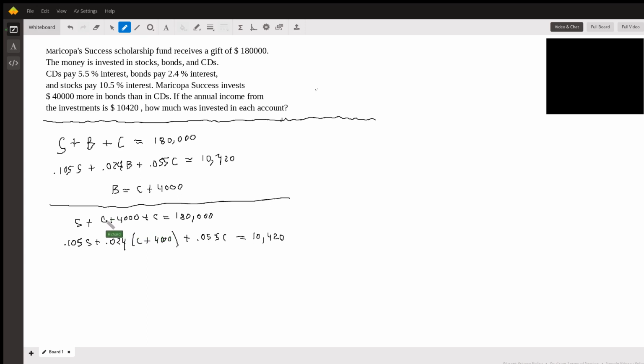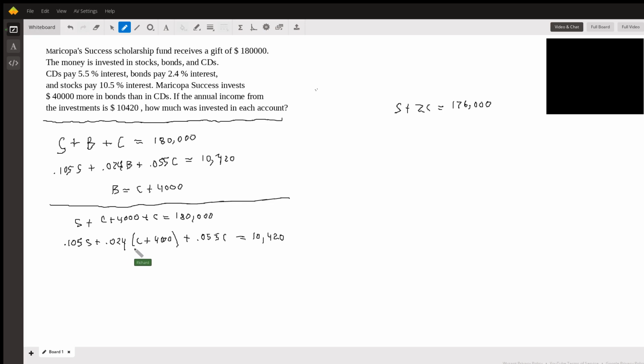So the first equation would be written as s plus 2c, and I'm going to bring over that 4,000 from 180, so it's 176,000. So that's the first equation. Now the second equation, I have to work on a little bit.